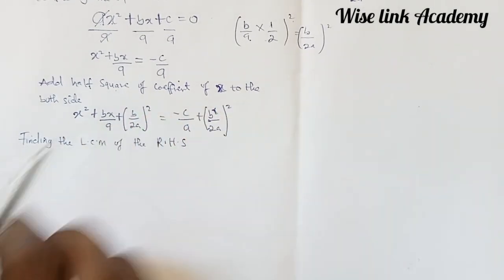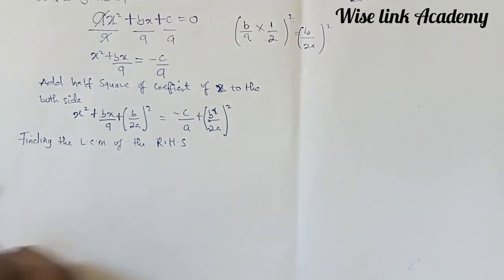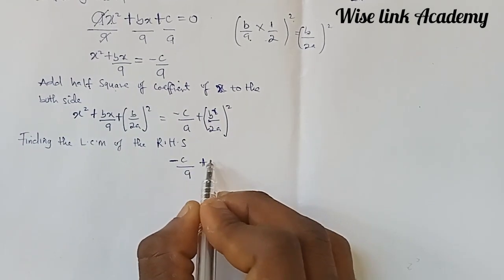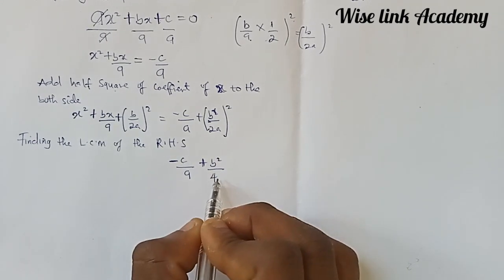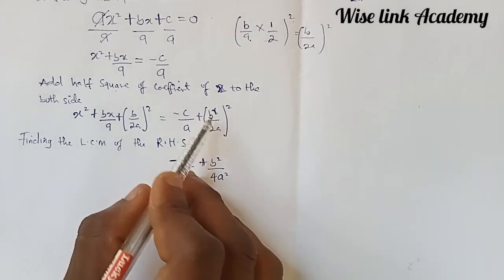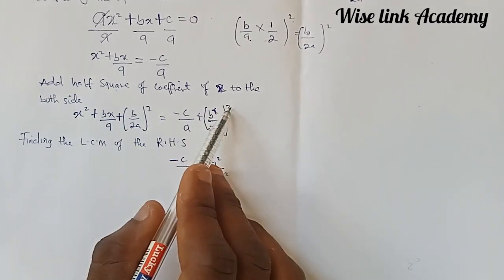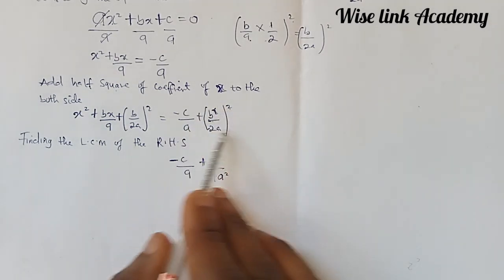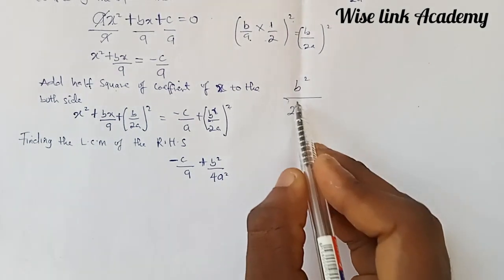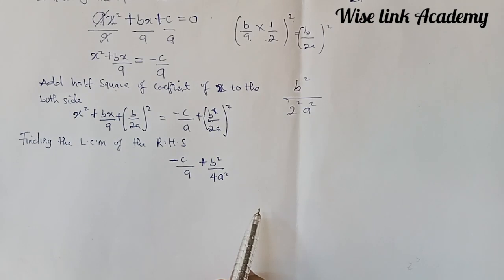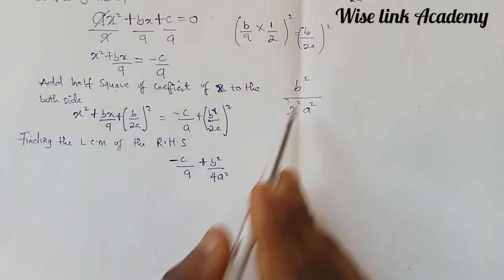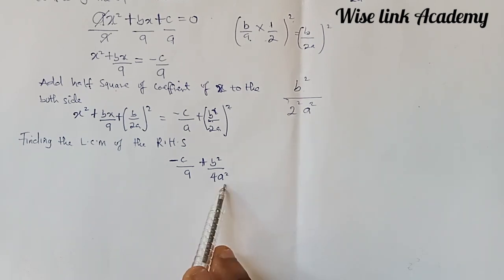Hence I'll have minus c over a plus b squared over 4a squared. What did I just do here? We have b over 2a squared, which can also be written as b squared over 2 squared a squared, that is b squared over 4a squared.